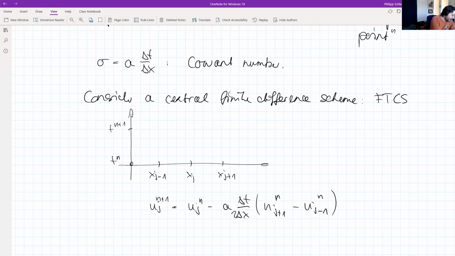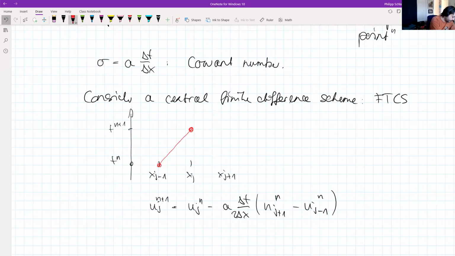If I plot that in this space-time diagram, the solution at t_(n+1) would depend on a triangle like this. So my domain of dependence would be something like this.